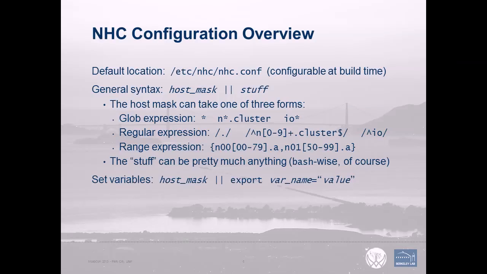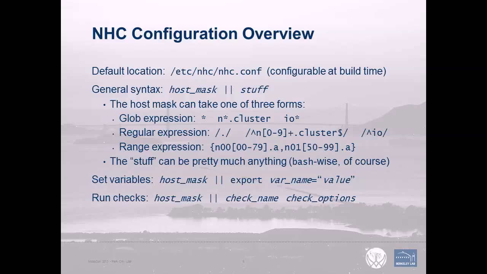We can set variables for all hosts using the star, or we can set different variables on different nodes based on different host masks. If you wanted to use one resource manager on one set of nodes and another resource manager on another set of nodes, you could do that. In theory, you could use the same config file for every cluster that you own.